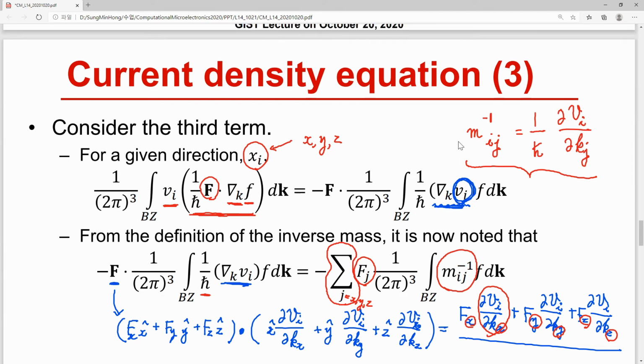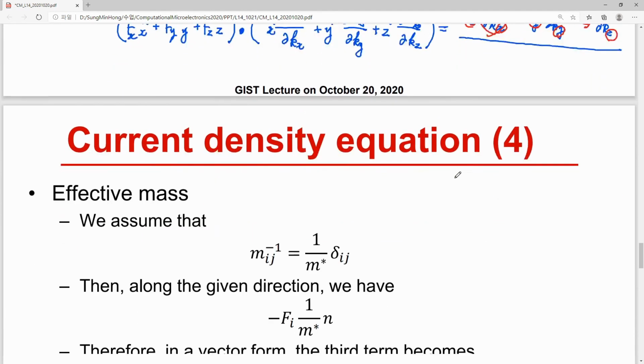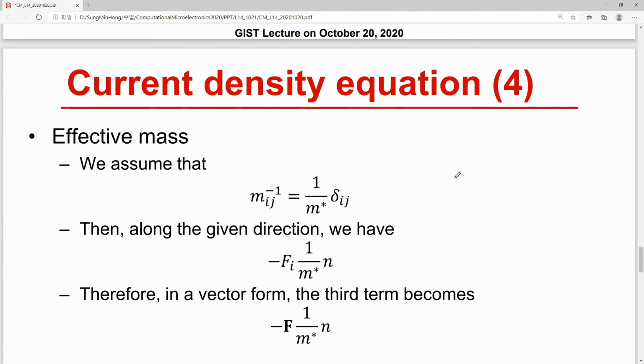But when we derive this drift diffusion model, we will just introduce an isotropic material, and we will assume that this inverse mass, which can in general depend on i and j, can be represented as a diagonal tensor. So the simplification is introduced here. The effective mass approximation is introduced here.